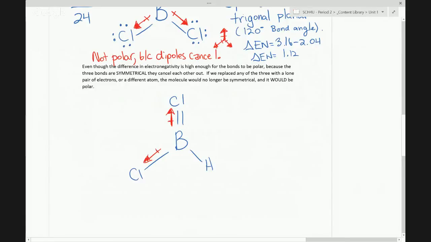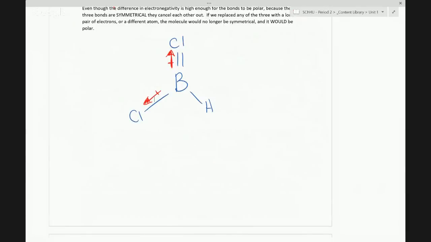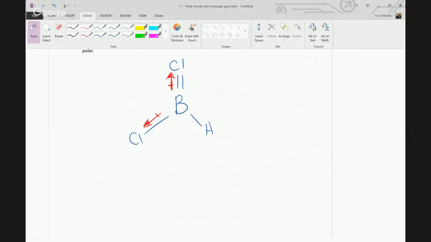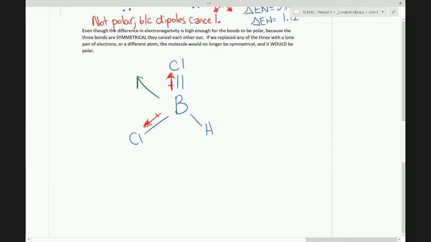And in this case, these 2 add together to give us an overall movement in this direction. And so we would say that this is polar, because the dipoles don't cancel.